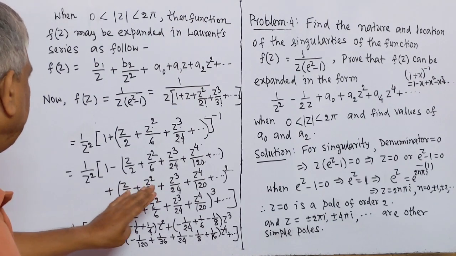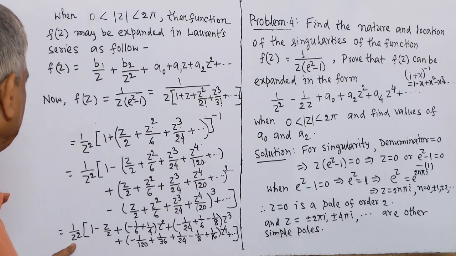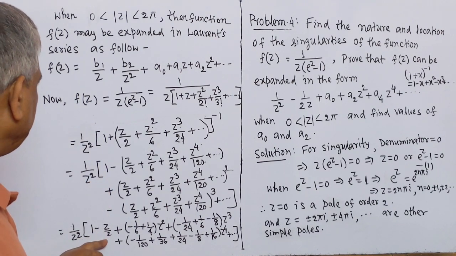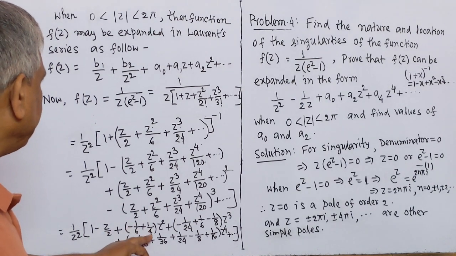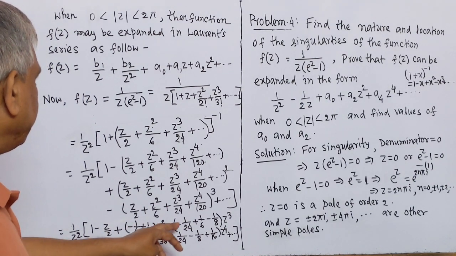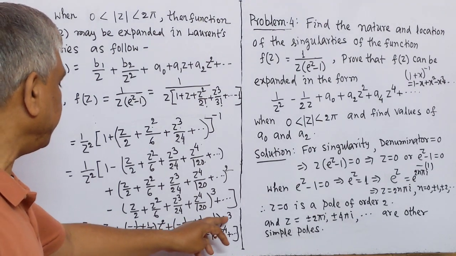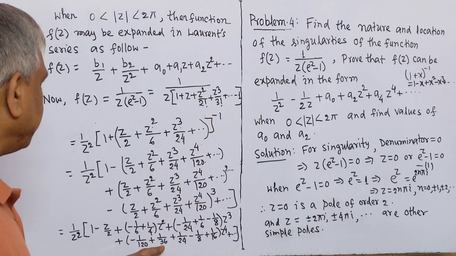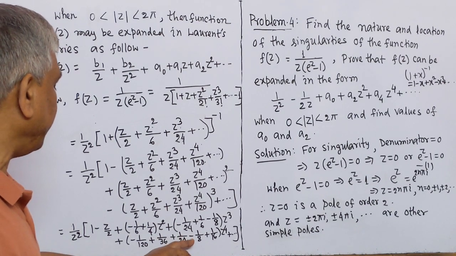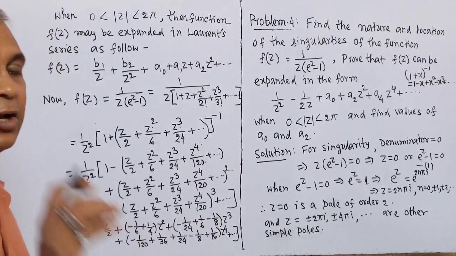1 minus this x plus x square minus x cube and so on. Now we rearrange all the terms. We get outside 1 by z square, and inside 1 minus z by 2, plus (minus 1 by 6 plus 1 by 4) z square, plus (minus 1 by 24 plus 1 by 6 minus 1 by 8) z cube, plus (minus 1 by 120 plus 1 by 36 plus 1 by 24 minus 1 by 8 plus 1 by 16) z to the power 4 plus dot dot dot.